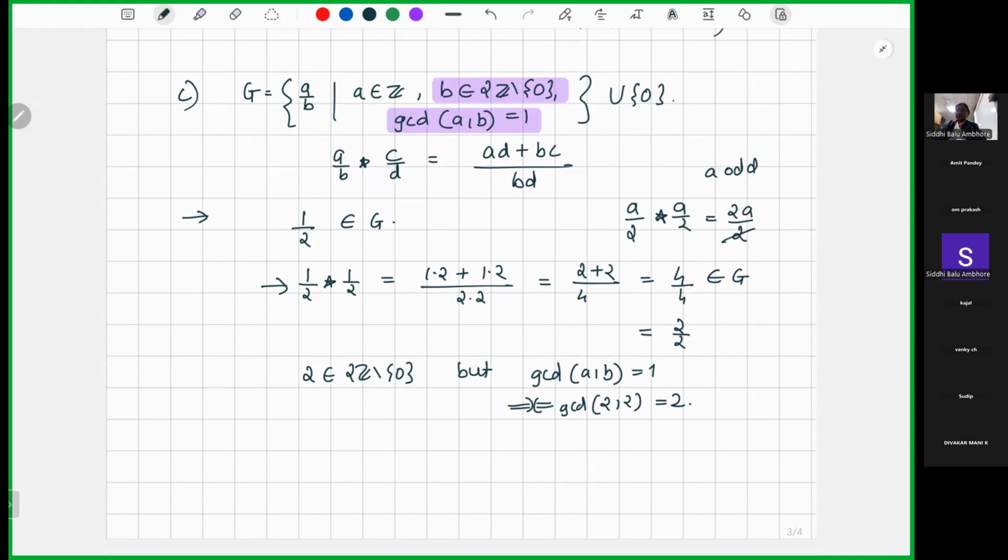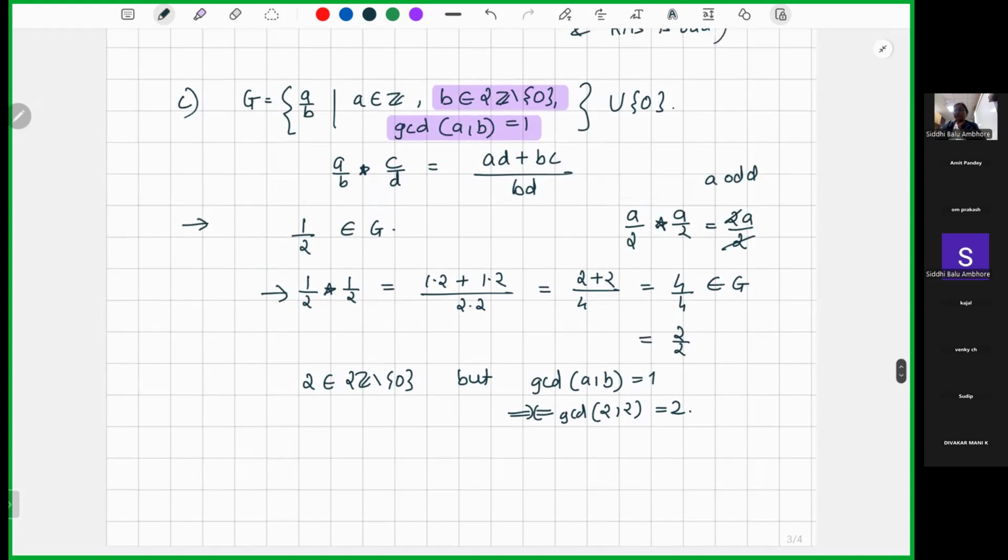And just to have the GCD to be 1, I have to cancel them and the denominator won't survive anymore, because I want the denominator to be some element from 2Z. Okay, so that's why this is not a group.